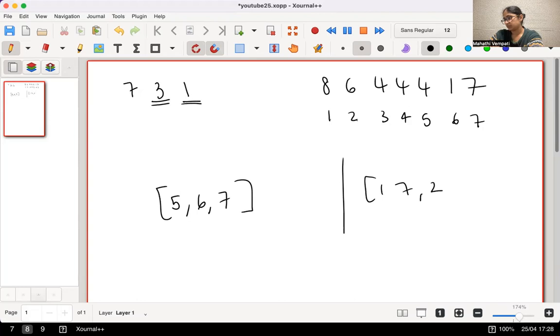This takes 4 seconds. 3, 4, 5 would take 5 seconds. Maybe this is how I would arrange them.